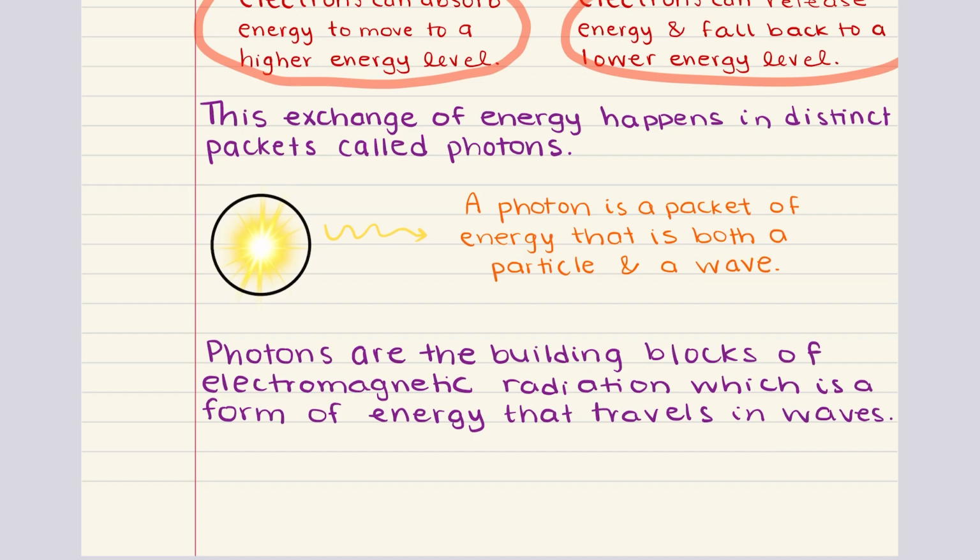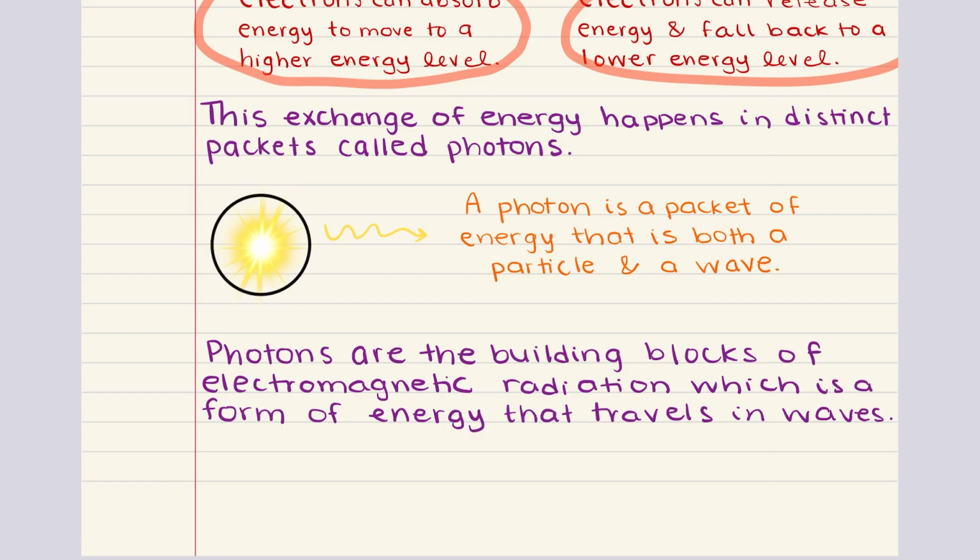When electromagnetic radiation interacts with matter, it behaves like particles and it transfers energy through photons. But when electromagnetic radiation travels through space, it behaves like waves with oscillating electric and magnetic fields. And this dual nature of electromagnetic radiation is a cornerstone of modern physics and chemistry.